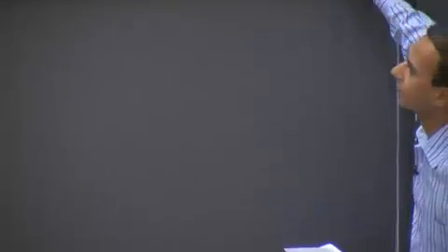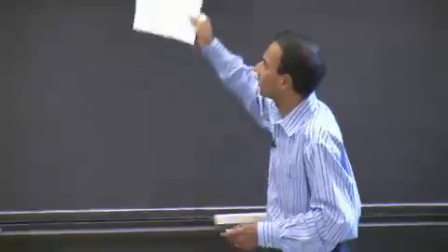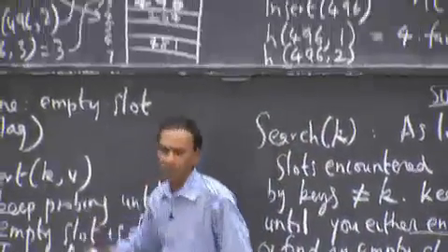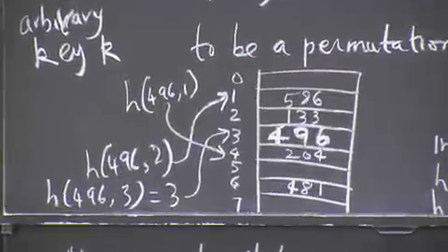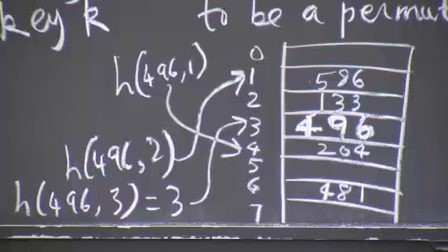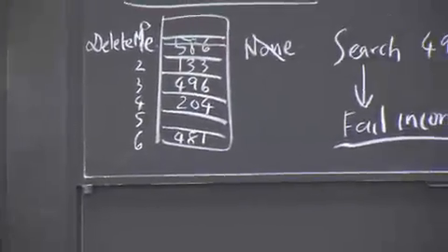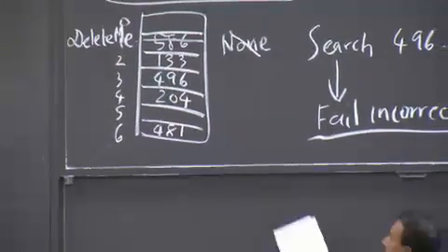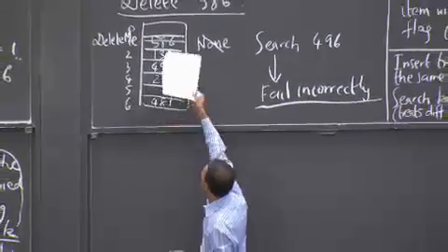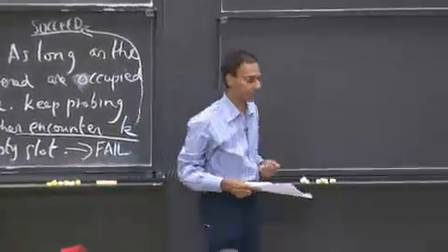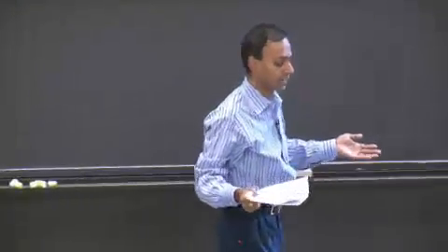So what would happen in our example? Well, going through exactly the same example, we started from here and then we decided to delete 586, and so we replaced 586 not with none, but with delete me. And the next time around, when you search for 496, what would happen is that you would go look at the slot that contained 586, and you'd see that there's a delete me flag in there.